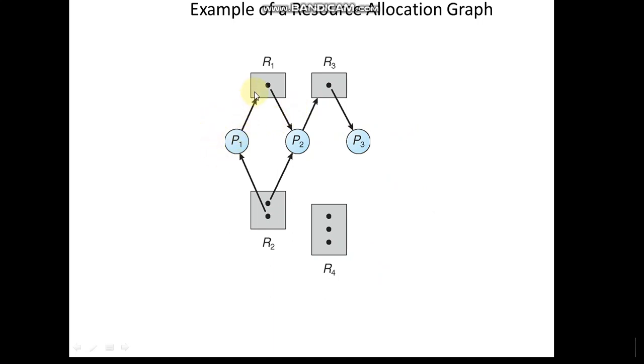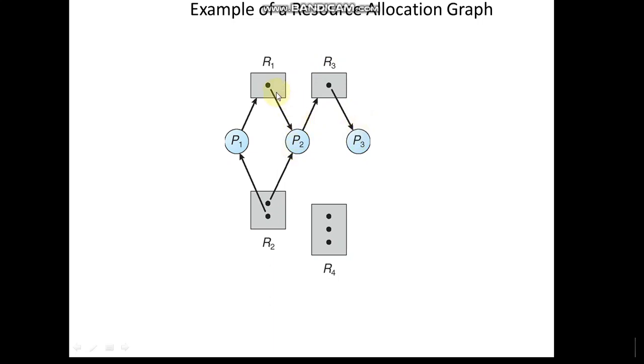This indicates that we have four resources here, R1, R2, R3 and R4, and three processes P1, P2 and P3. P1 is requesting the resource R1, whereas R1 is assigned to P2, and P2 is requesting R3, and R3 is assigned to P3.